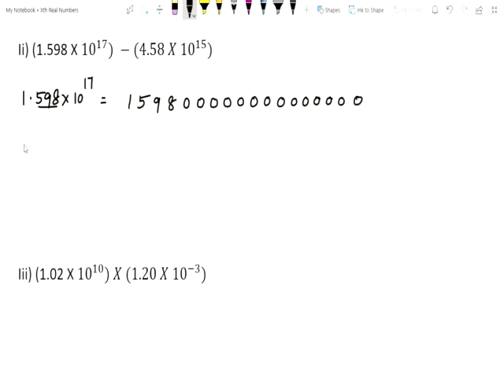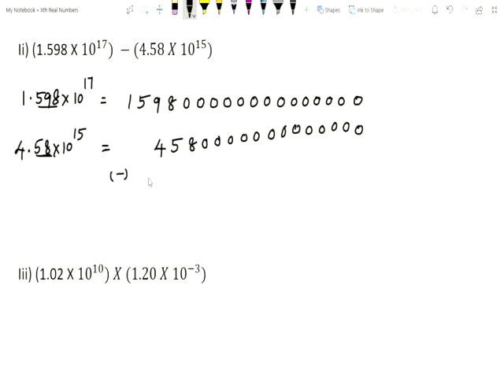Next, 4.58 into 10 power 15. After the decimal 2 digits are there. Subtract 15 minus 2, we get 13. 13 zeros you want to put. So 4, 5, 8, then 1, 2, 3, 4, 5, 6, 7, 8, 9, 10, 11, 12, 13.